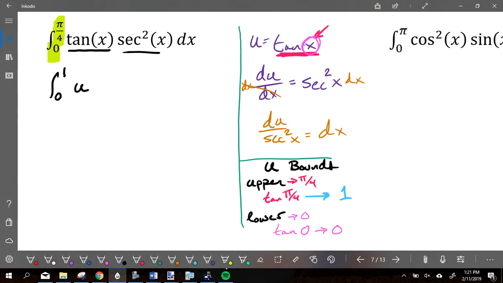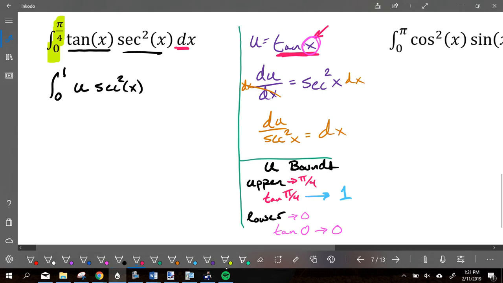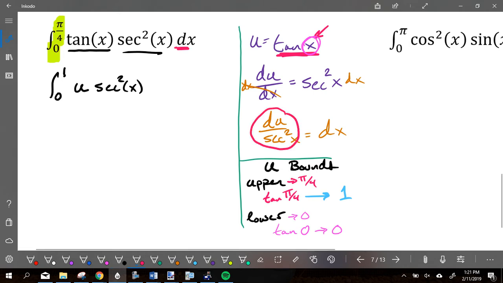Secant squared x, I'm not substituting anything for that. That's still secant squared x. But for dx, I'm going to plug in what dx is, which is du over secant squared x. So again, this is why we picked tangent as our u. Because now before I integrate, I want to make sure that I just have u's and not x's. What can I do?